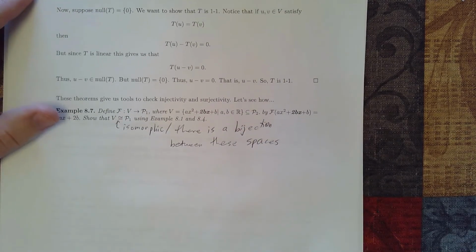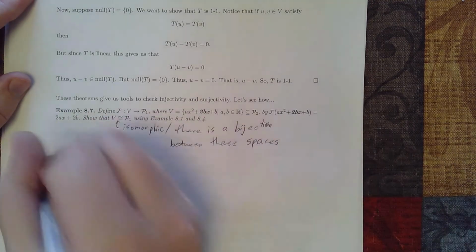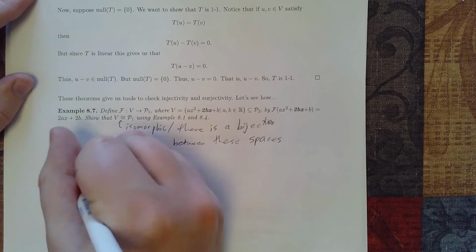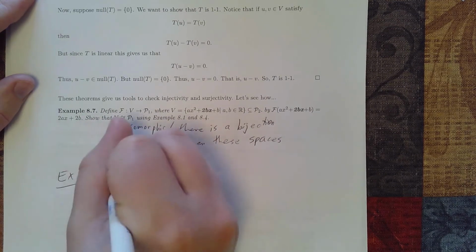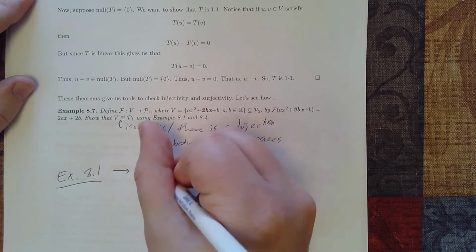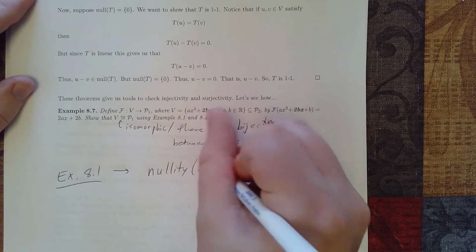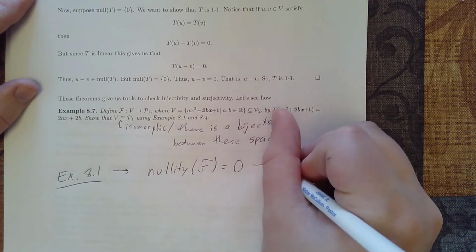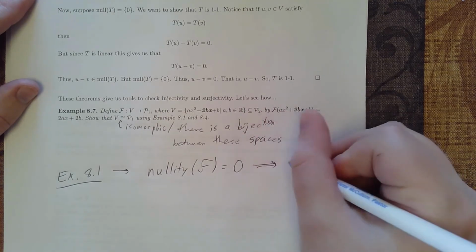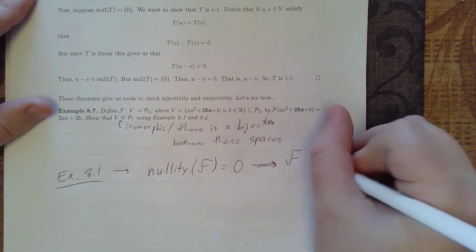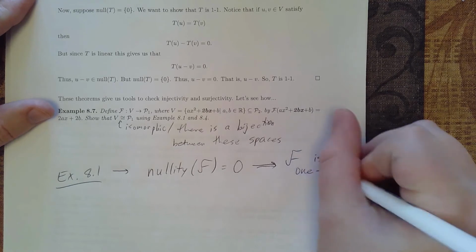So we want to show that we have a bijection. From our earlier example, example 8.1 showed us that the nullity of this transformation was 0, which tells us that the transformation is 1 to 1.